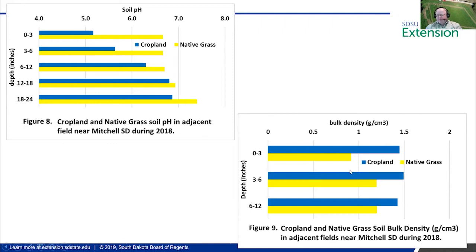And so that native grass root activity is really what's keeping that bulk density lower, okay? That living root there, the microorganisms that are there, the earthworms that are there, burrowing and opening up holes and letting air and water exchange in and out of that soil.